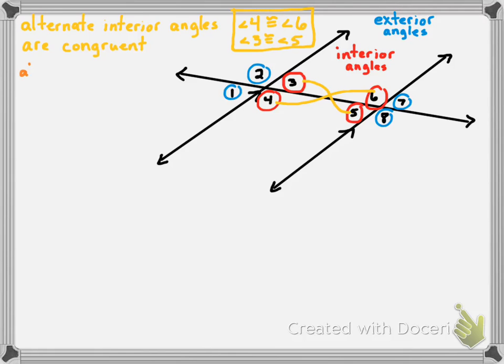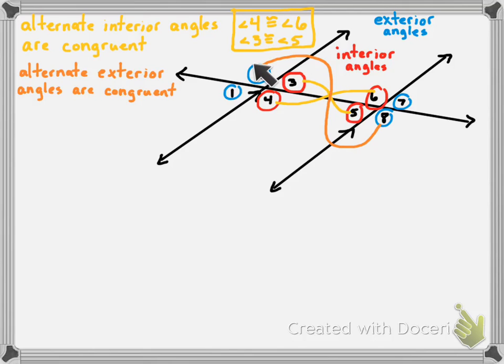Alright. The next one is similar. It's called alternate exterior angles, and they are congruent as well. Same idea, but this time we're talking about exterior angles. So I go from one exterior across to the other side on the exterior.